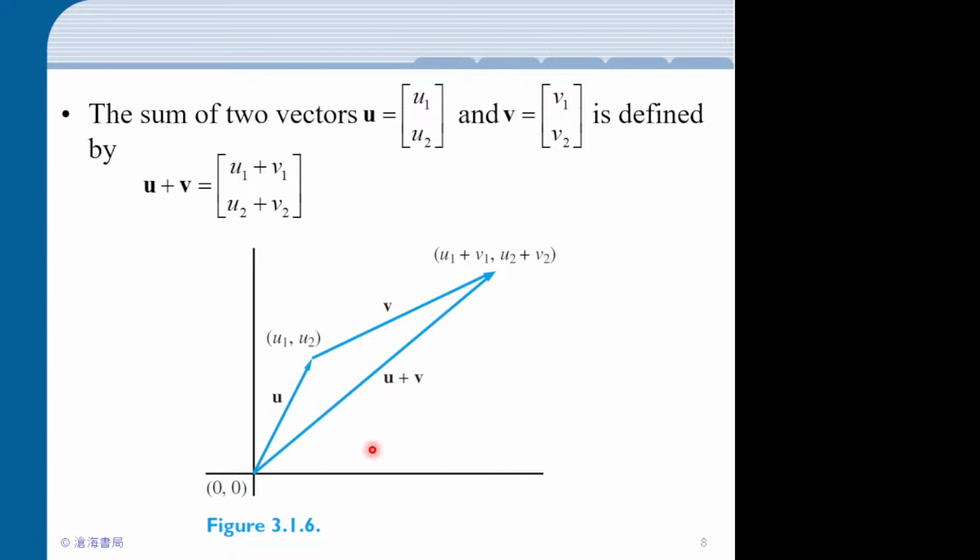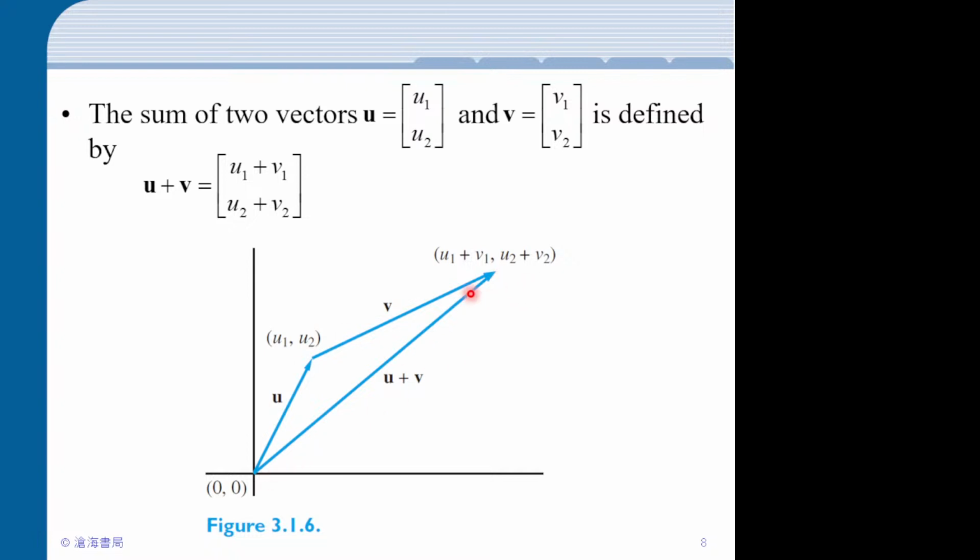And here we have a geometric representation. This vector u has coordinates u1, u2, and we add vector v, which is v1, v2. Then you see that the x coordinate is u1 plus v1, and the y coordinate is u2 plus v2.